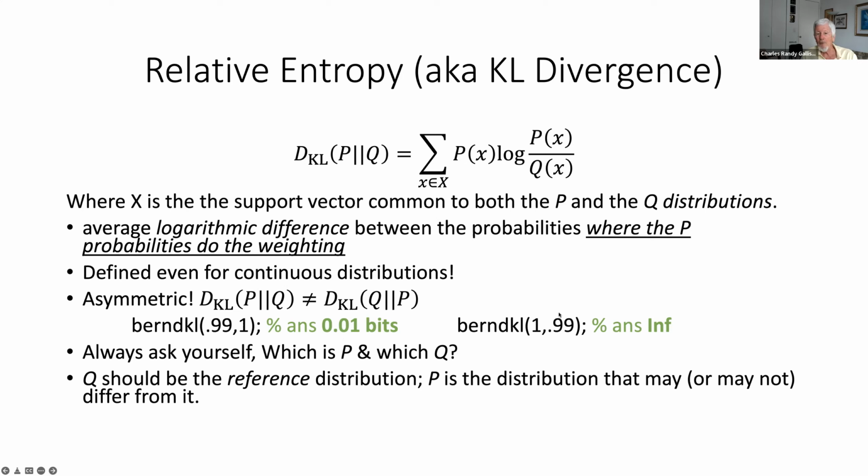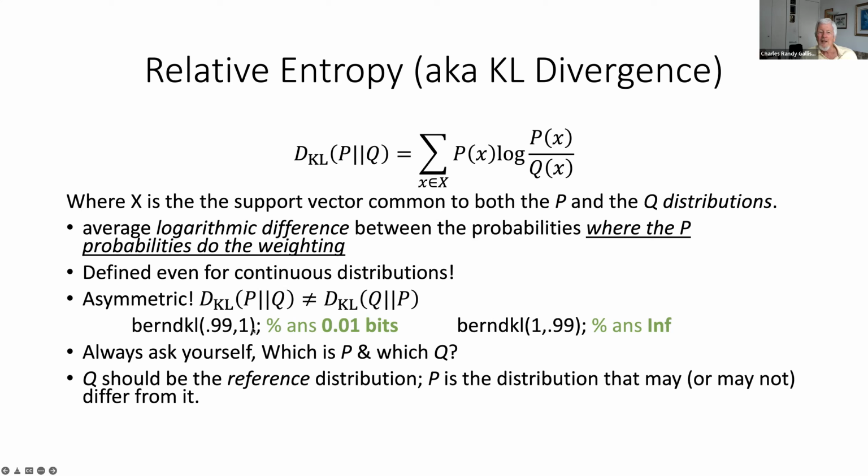But what if you turn it around and put the 1 in the first argument and the 0.99 in the second argument? Try it in MATLAB. Now MATLAB says, well, that divergence is infinite. Now, when you think about it, this makes total intuitive sense.